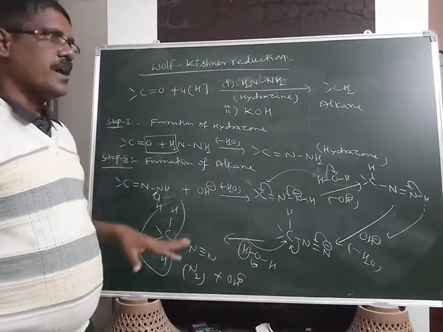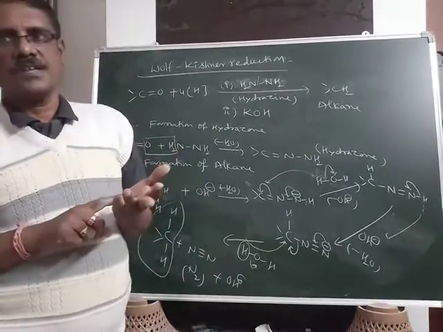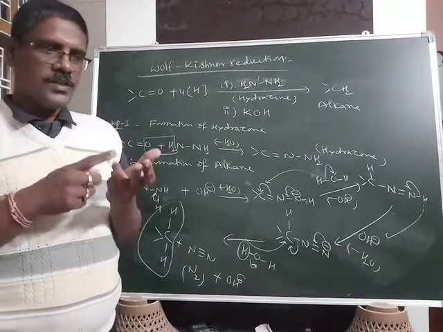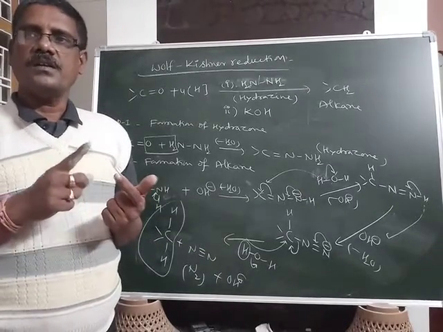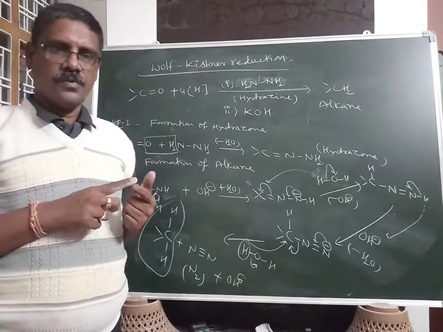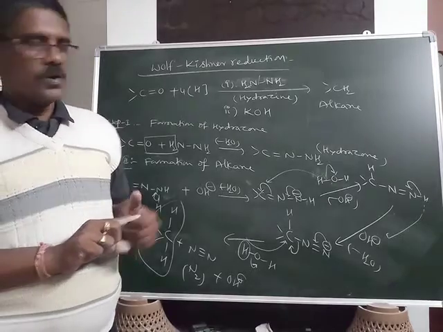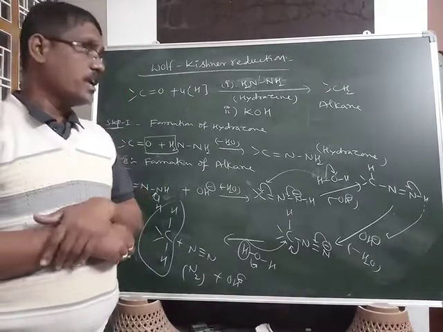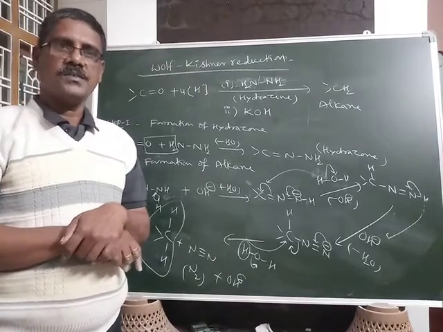In today's class on reduction reactions, hydrogen with nickel, platinum or palladium, lithium aluminium hydride or sodium borohydride, and one more, the Meerwein-Ponndorf-Verley reduction, will give the alcohols. The last two, the Wolff-Kishner reduction and Clemmensen reduction, will give the alkanes. Okay, thank you. Today's class is over.